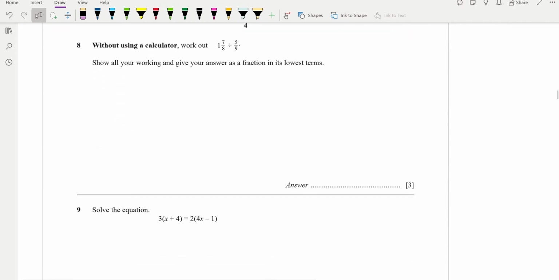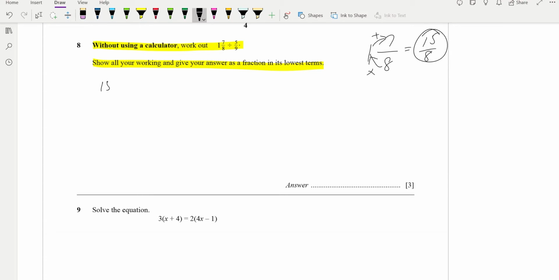Now question number 8, without using a calculator we have to simplify this. Keep in mind one whole 7 over 8: this will be multiplied by this, and then you will add this. So 8 ones are 8 plus 7 will be 15, so this will be equal to 15 over 8.